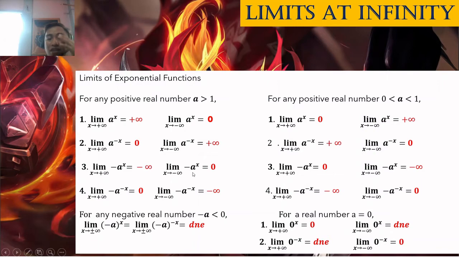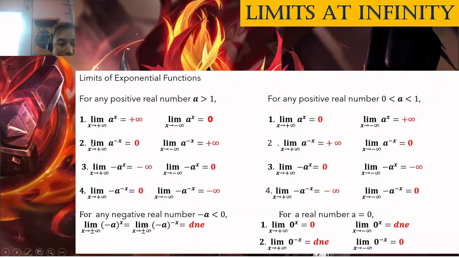Okay, then if the negative is on the other side, it is already 0 there, right? So negative, for example negative 1 times this. The limit of this times negative 1 is always 0, so the answer is 0. Then on to number 4.